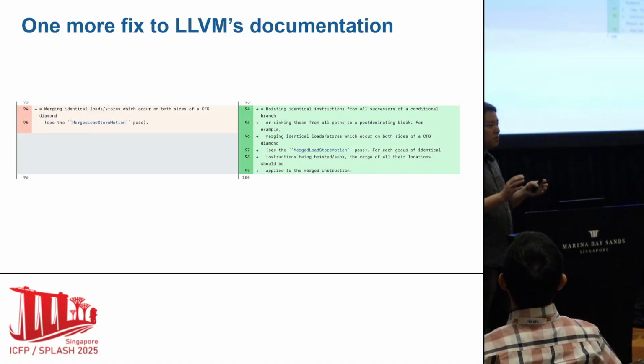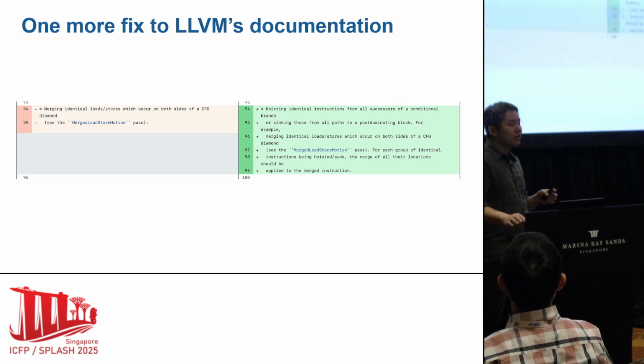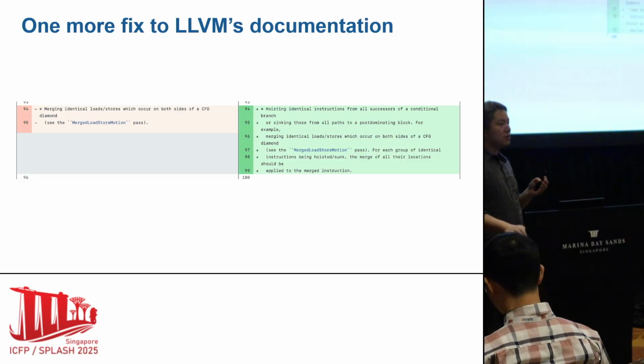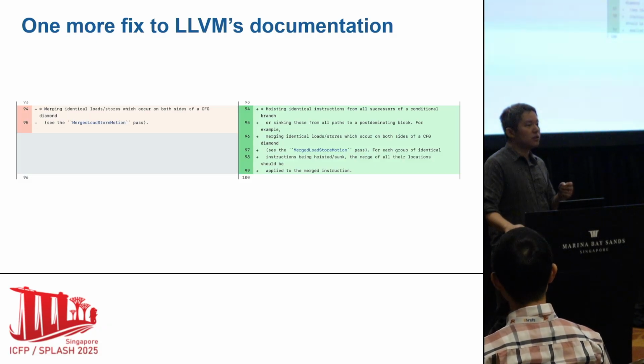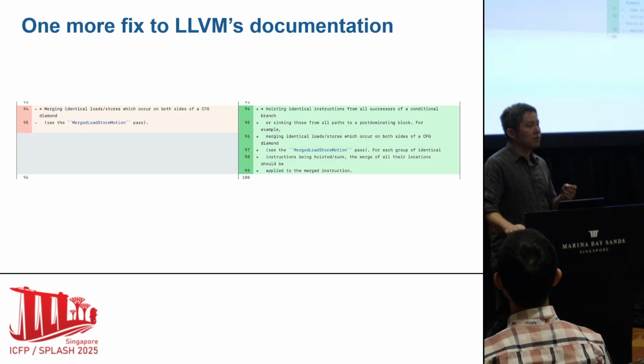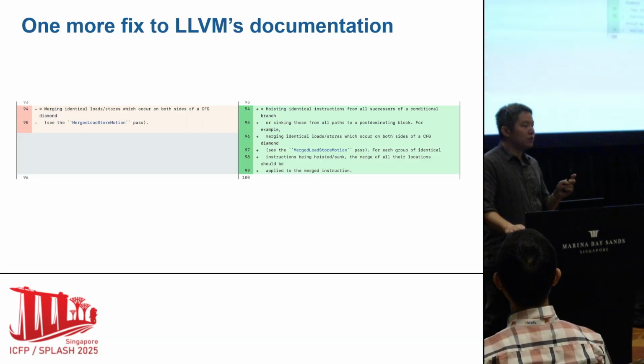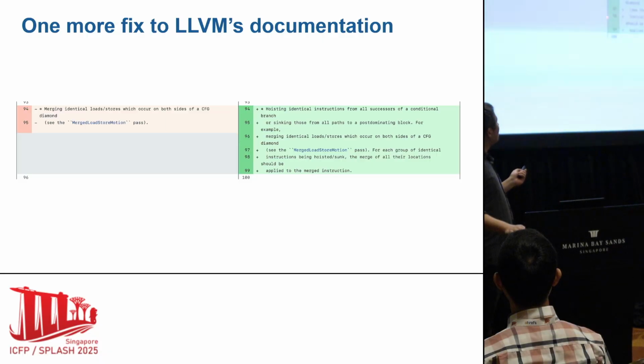Because we have test inputs and we can analyze the compiler behavior, we are also able to identify issues in LLVM's documentation on debug location information updates. We actually identified 2 issues: one incorrect description and one imprecise description. And we also reported these issues to the developers. And nowadays, LLVM's documentation has been updated with respect to our findings.